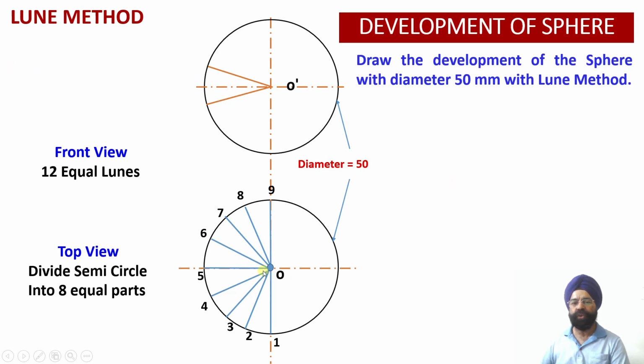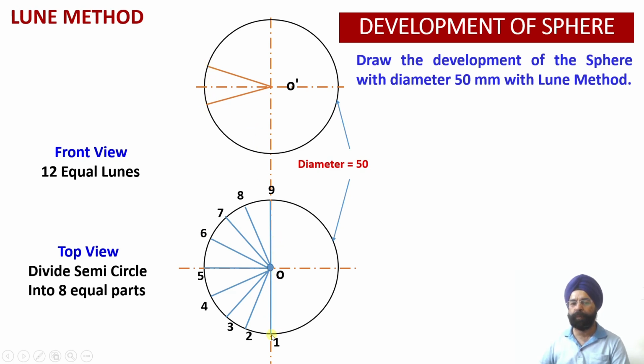So now we have divided the top view into 16 parts. So the semicircle we have divided into 8 parts. Now the projections of all these 9 points will be projected in the front view, so that we can work out corresponding to these points what would be the thickness of the lune at the different positions.